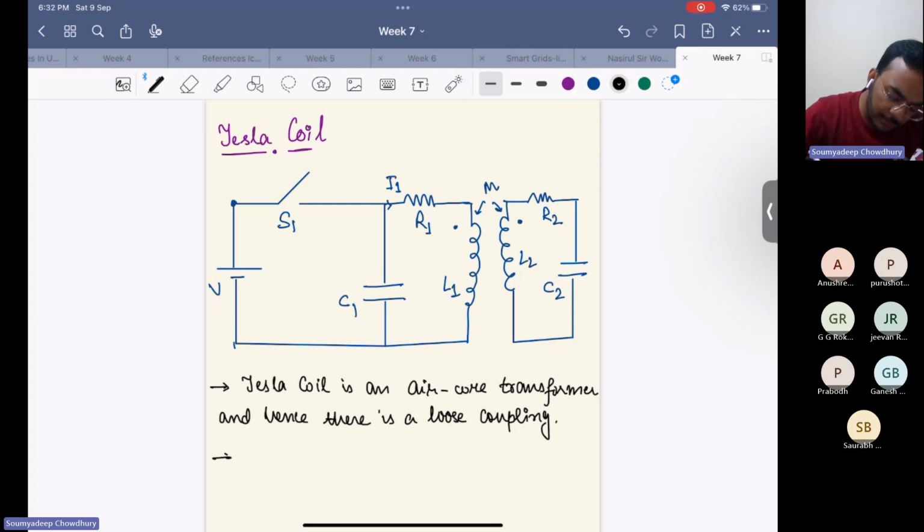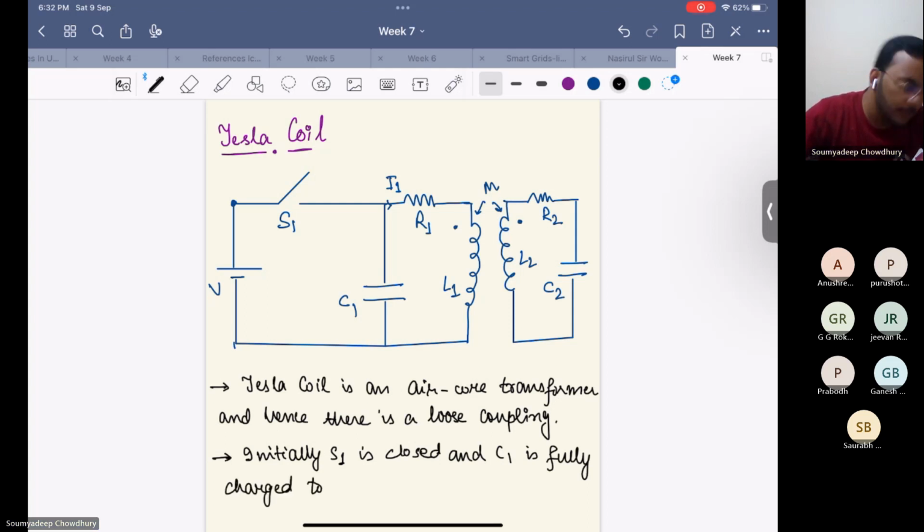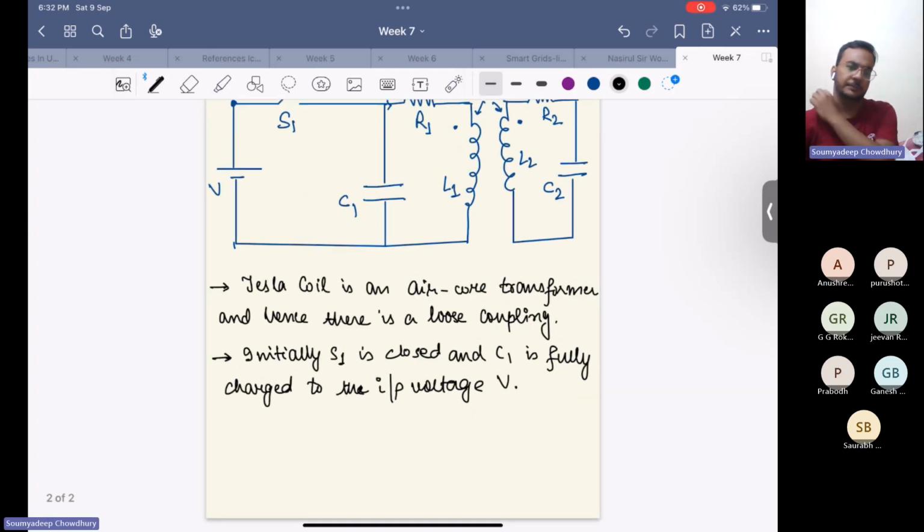Initially, what will happen? This S1 switch you can see. Initially, S1 is closed and capacitor C1 is fully charged to the input voltage V. Is it clear?